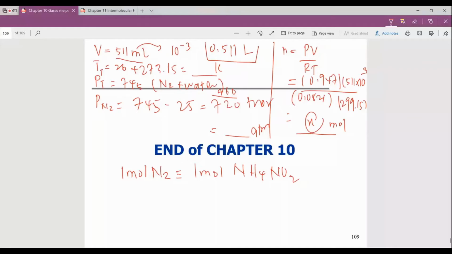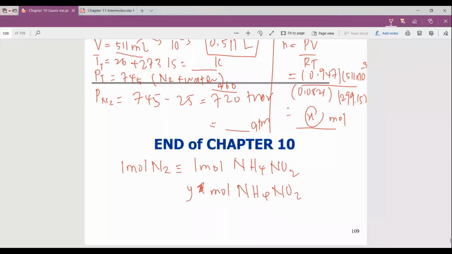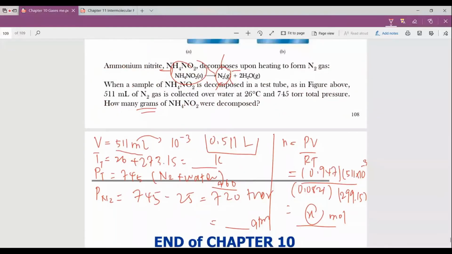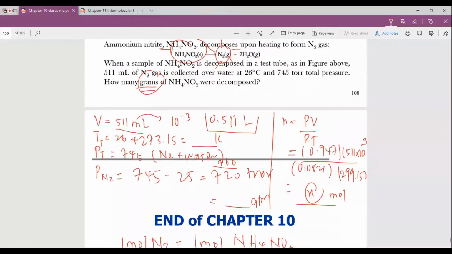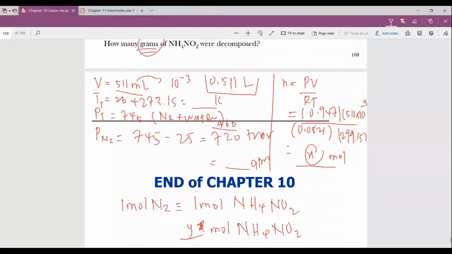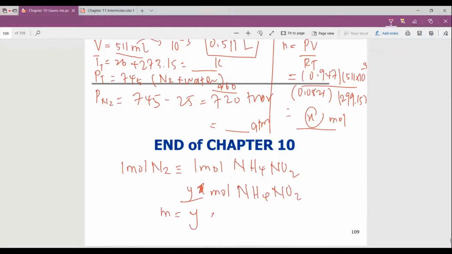So x moles of NH4NO2. Okay, then you can find the mass equal to moles times molar mass of NH4NO2. Okay, you get the answer.